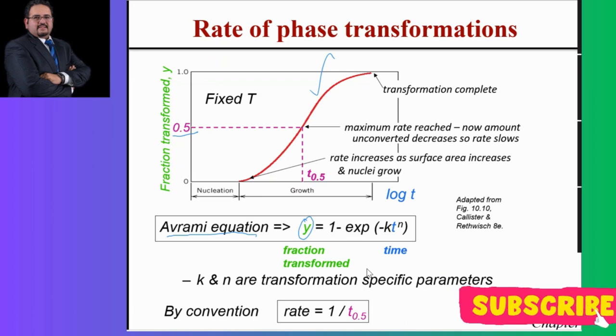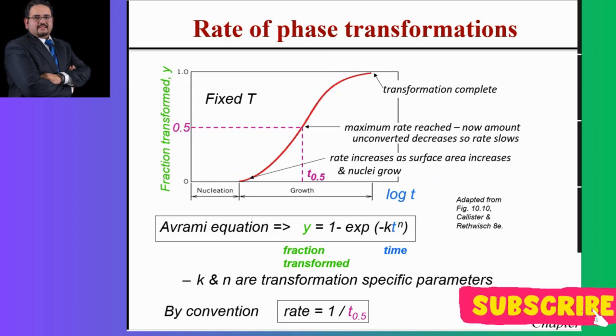K and n are transformation-specific parameters, and t is the time involved. So this equation depicts this behavior under the name Avrami's equation.